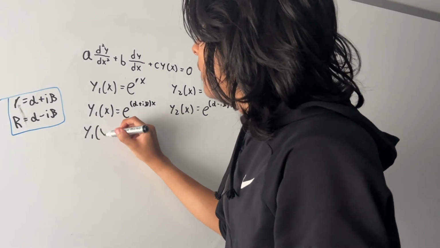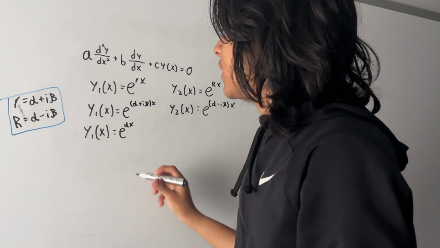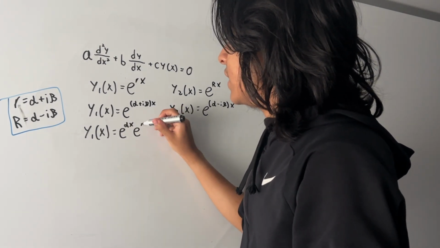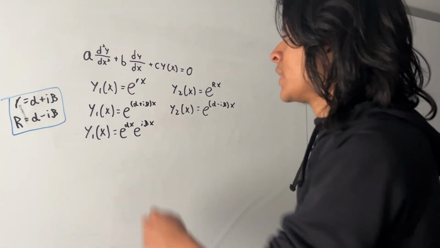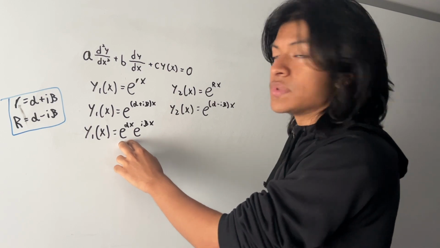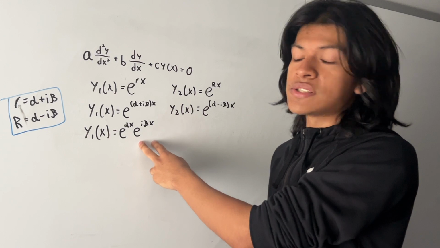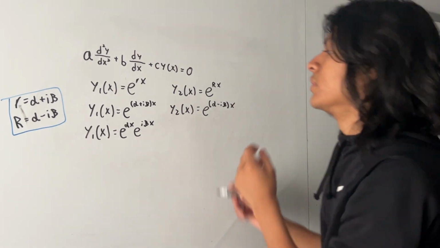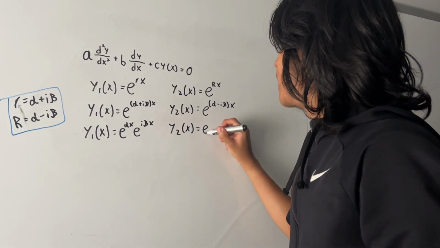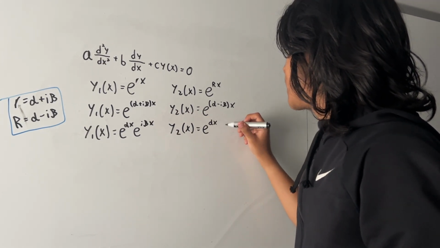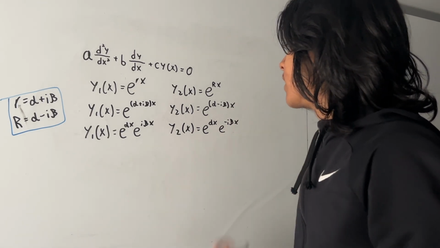So y1 of x is equal to e to the alpha x times e to the i beta x. We pretty much separated them. Now this one is in terms of a real number, e to the alpha x, and this one is a complex number. Same thing for here: e to the alpha x times e to the negative i beta x.